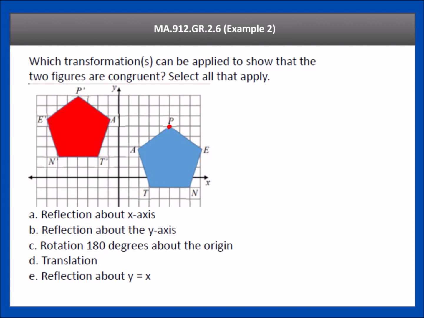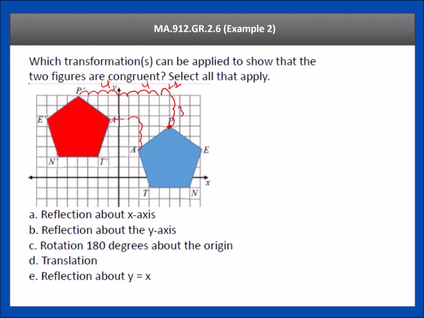So this is 1, 2, 3, 4 away, so we need it to be 4 away here, and in order to do that, we would have to move it 1 here. So we'd have to move it 3 up and 1 to the right. If I do that with A, that's 3 up and 1 to the right, and then they'll be the same distance here.